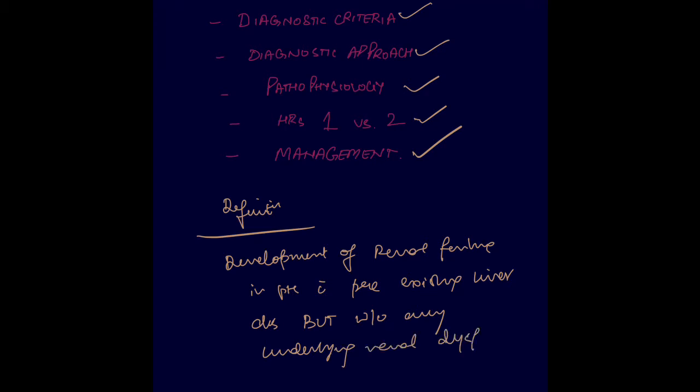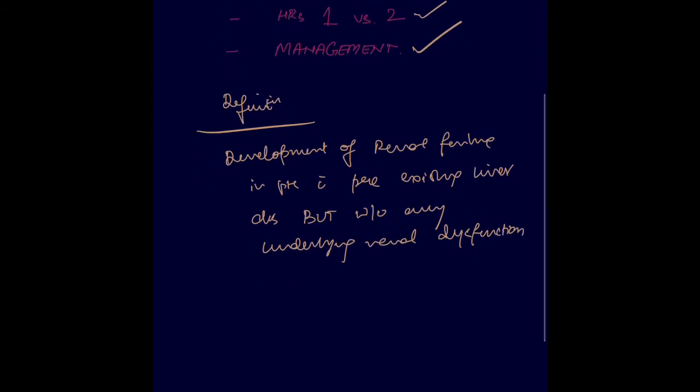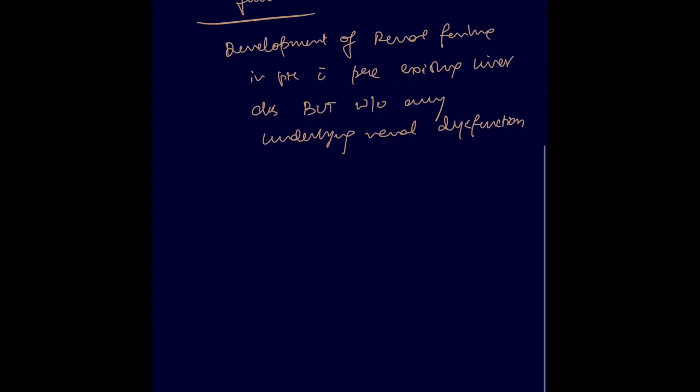What we mean by this is that there should be a patient with a liver disease who has developed renal failure but his kidneys should be normal. Okay, so a CLD patient who has developed renal dysfunction with normal kidneys will fit in the definition of hepatorenal syndrome. So what is the diagnostic criteria of HRS?